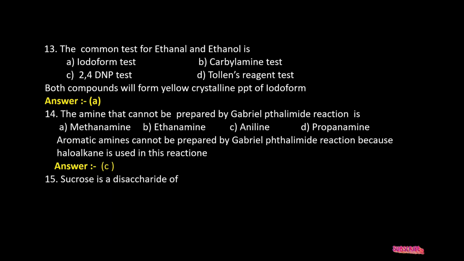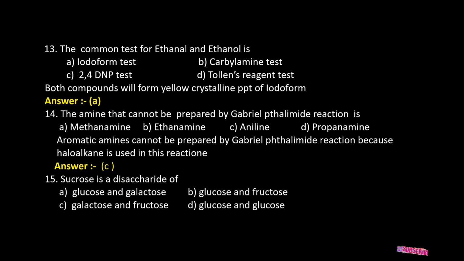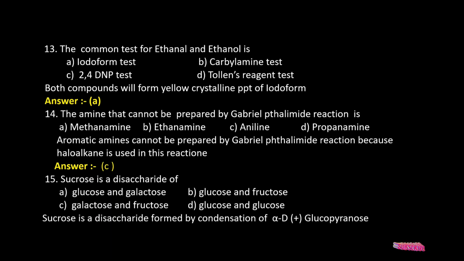Question number 15. Sucrose is a disaccharide of A. Glucose and galactose, B. Glucose and fructose, C. Galactose and fructose, D. Glucose and glucose. Sucrose is a disaccharide formed by condensation of alpha-D-(+)-glucopyranose and beta-D-(-)-fructofuranose. Alpha-D-(+)-glucopyranose means glucose in the pyran form, in the alpha form.